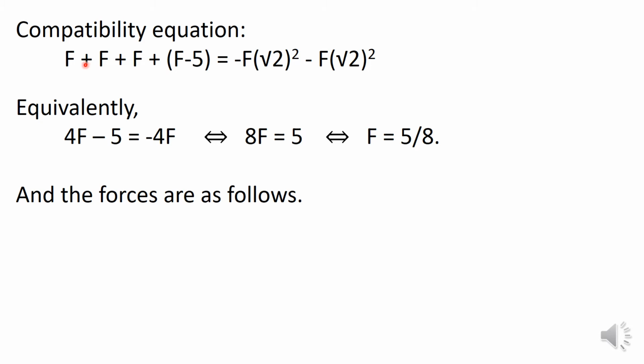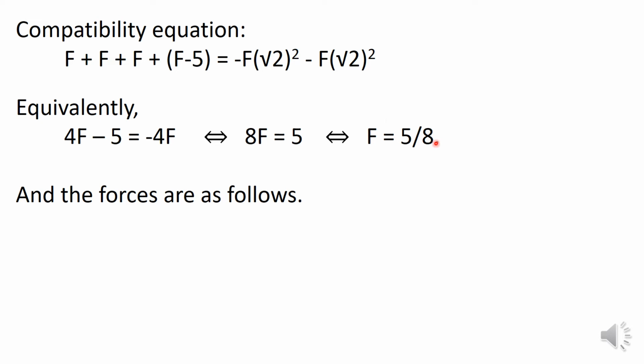So this is the equation from the previous slide. You can square these, get rid of the square roots, and the right hand side reduces to minus 4F. The left hand side is 4F minus 5, and this becomes 8F equal to 5, and F is equal to 5 over 8.